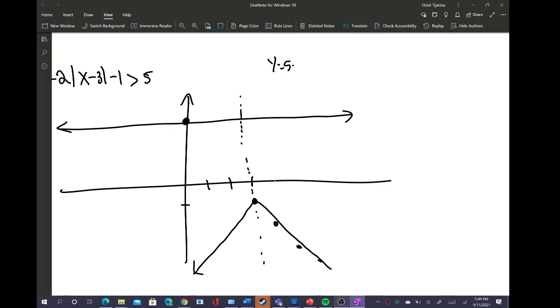Then at the line y equals 5, we have the points (0, 5), (1, 5), (2, 5), (3, 5), and so on.